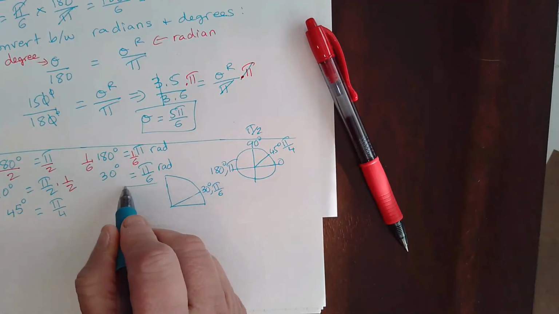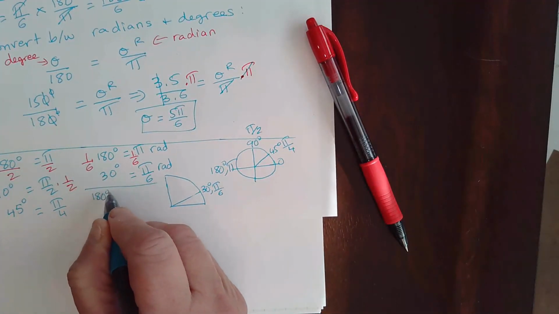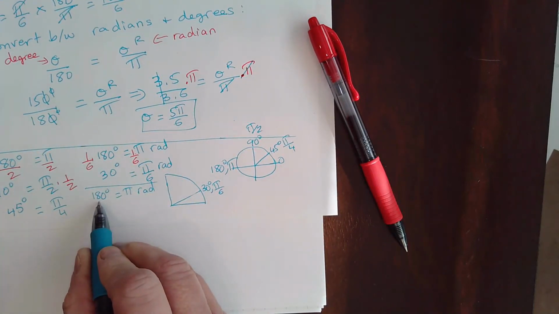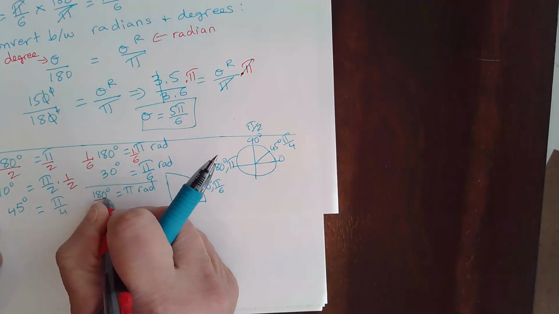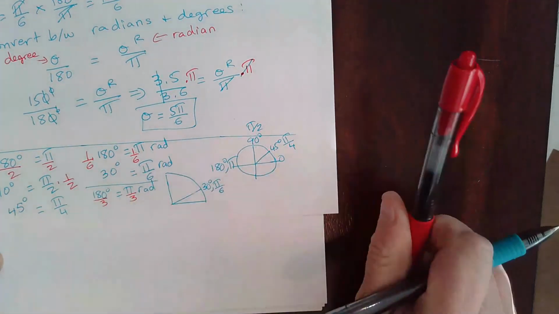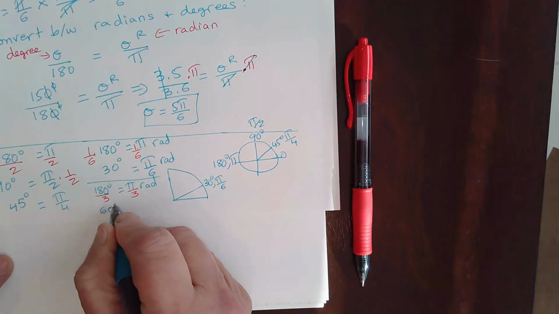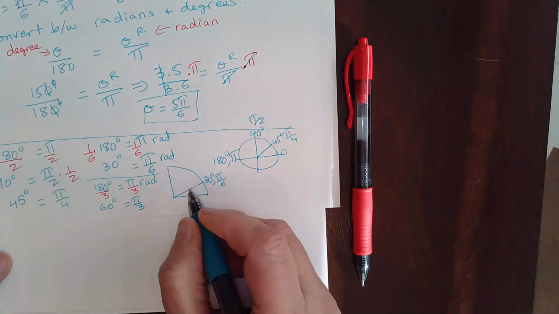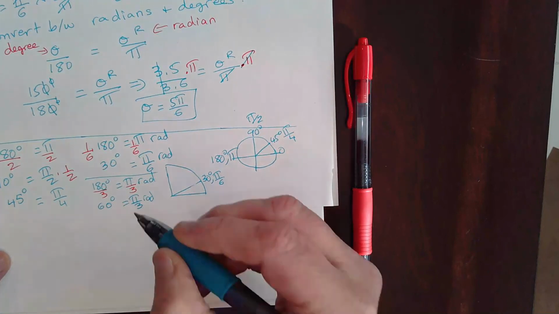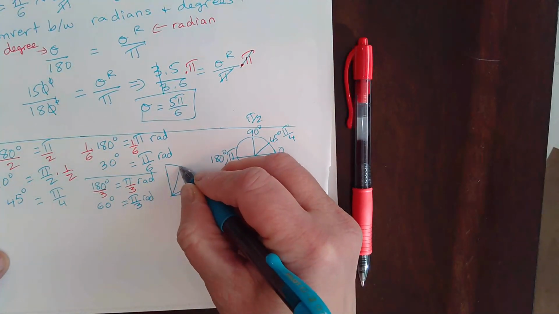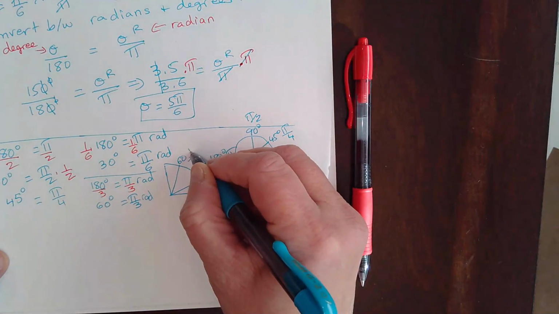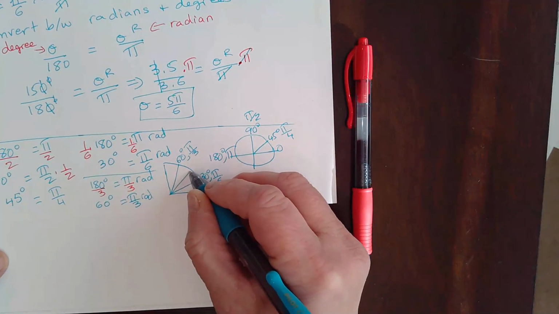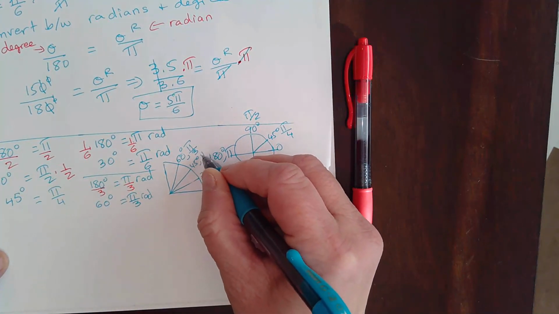But we can also find 60 from this as well. If you divide 180 by 3, or multiply by 1/3, 180 divided by 3 gives me 60 degrees, and that is pi over 3 radian. So this is the 60 right here, 60 degrees, pi over 3 radian. And here is 45, pi over 4.